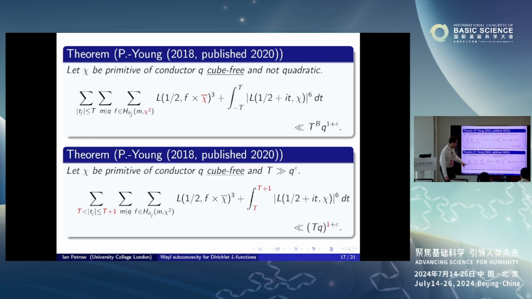Then the size of this family has about t terms in it. But I can get a 1 here instead of a 5 plus epsilon. So really, this theorem, at the cost of putting in a lower bound on t, is also Lindelöf on average for this effectively sixth moment of these L-functions.